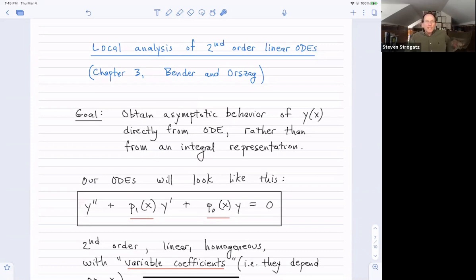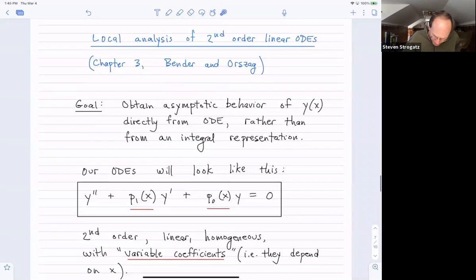So we'll just write it like this. So second order linear homogeneous with variable coefficients. Bessel's equation can be put in this form, Airy's equation, something called the parabolic cylinder equation. A pretty broad class of interesting equations here. They come up a lot, especially in quantum mechanics, but in other fields too.